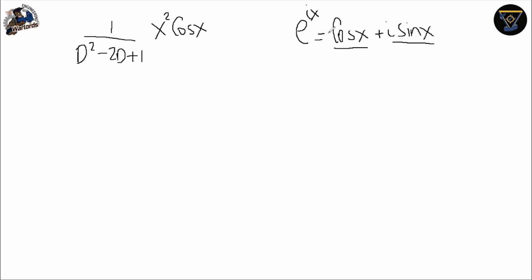So we're actually saying it is 1 over d squared minus 2d plus 1 times x squared. And for the cos x now, it's going to be the real part of e to the ix.